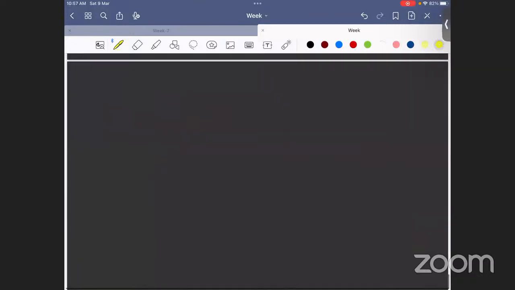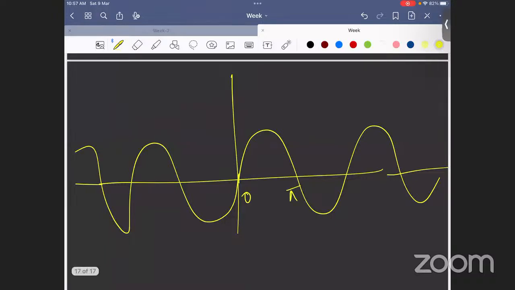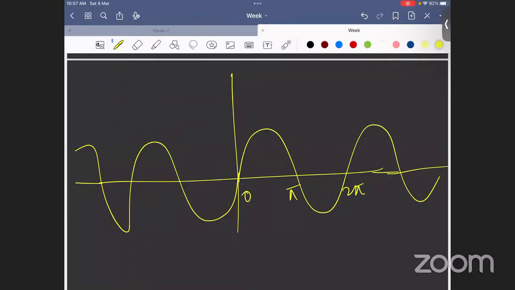If you are not aware of the sine function, then only you can make a mistake here. So if you are plotting a sine function, how do you plot? This is 0, this is pi, to 2 pi, and your theta is between 0 to pi by 2. Which of the following options is true?